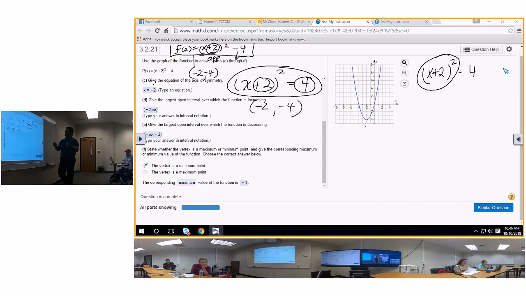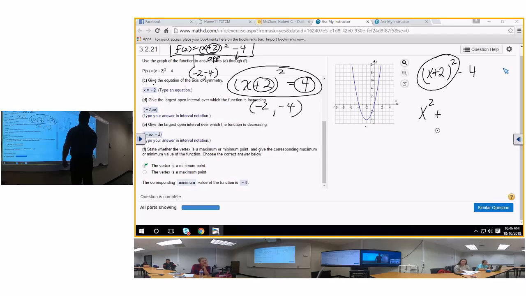What would that be? x squared plus 4x, you're right, 4x, plus what? 4. 4 minus 4. And what happens to these two? They cancel each other out. And that gives you f of x is equal to x squared plus 4x.